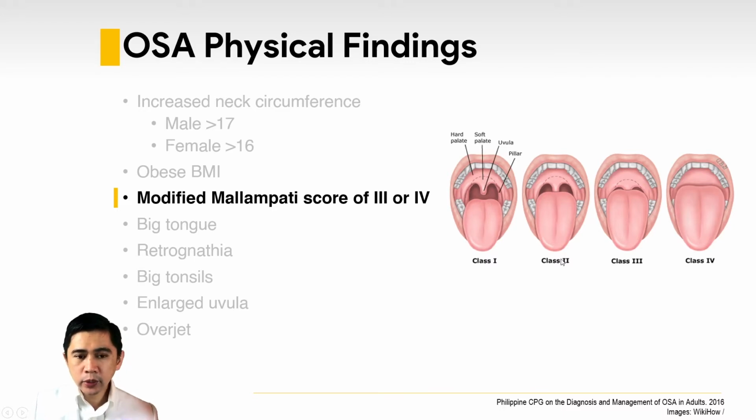And class 2, if you cannot see the pillars, you can only see the uvula, the soft palate, and the hard palate. And class 3, if you can only see the soft palate and the hard palate, not the uvula. And class 4, you only see the hard palate. So this means that it's either the tongue is big or the collapsible segment over here is very tight. If you have a class 3 or class 4, you have a high risk of having OSA.